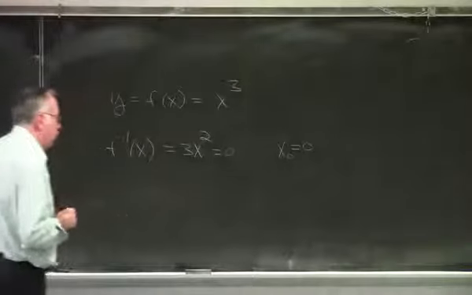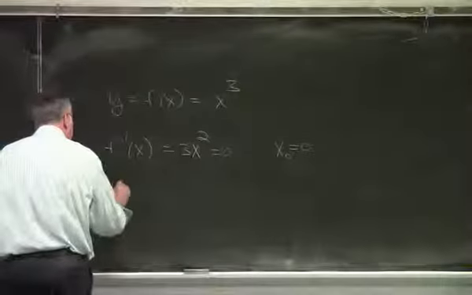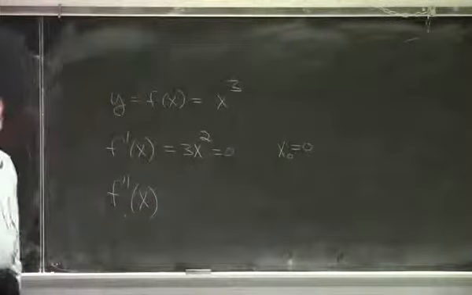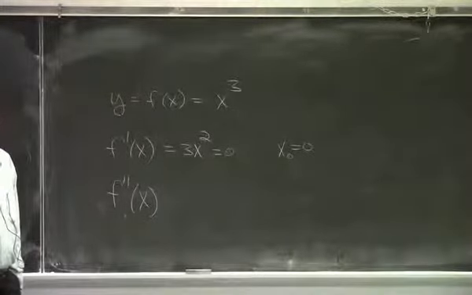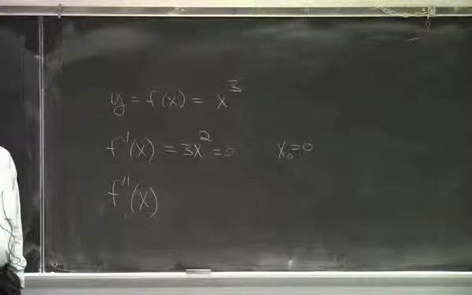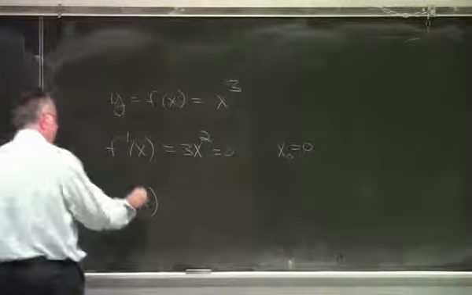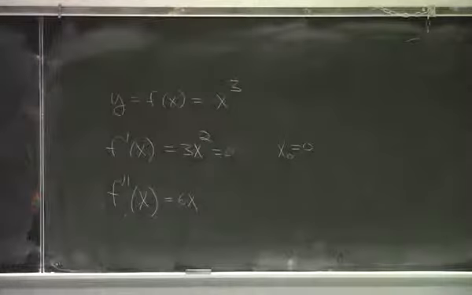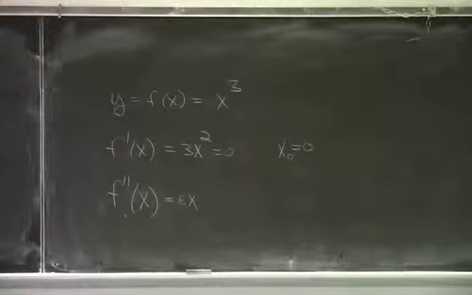Okay. What is the value of the second derivative? What is the second derivative, just in general? The expression for the second derivative is 6x. Now, what you're supposed to do, this is an interesting case. See, the second derivative is not constant in this case.